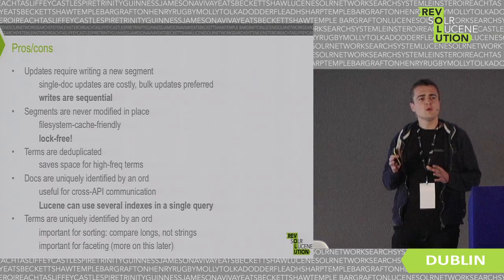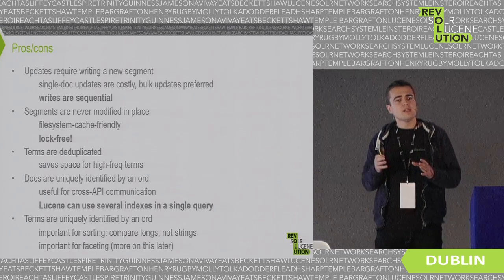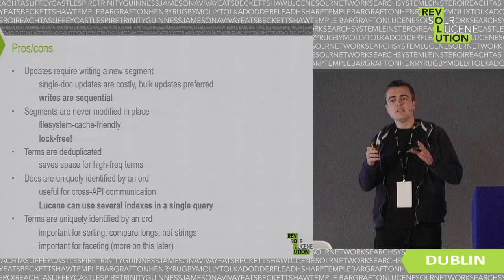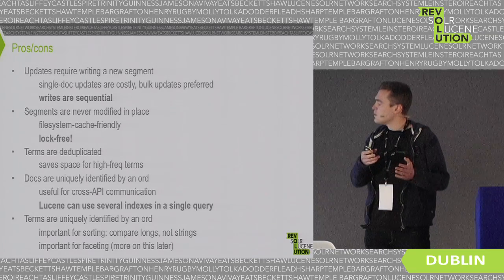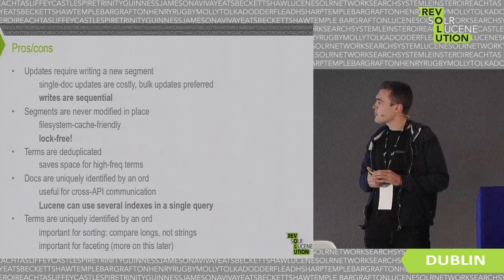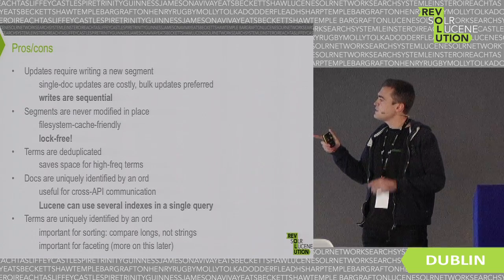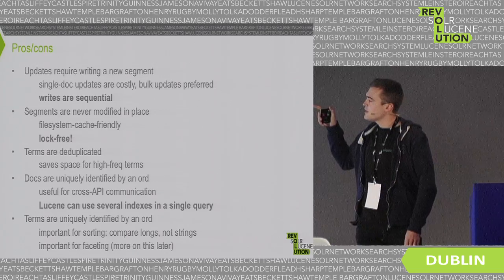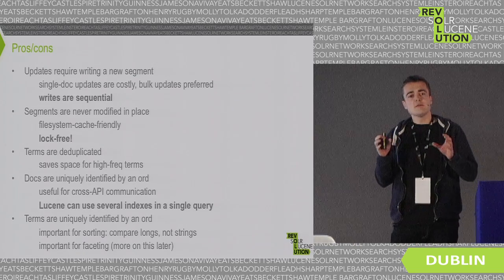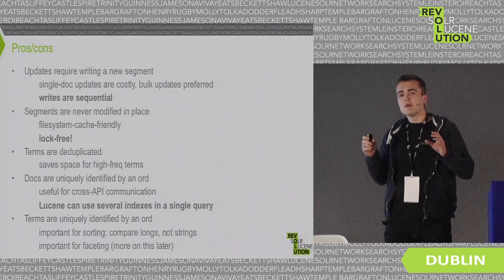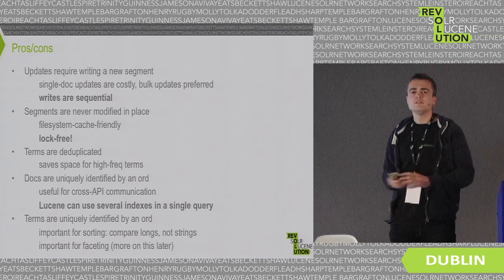I said that one way to make data fast to search is to duplicate data depending on the access pattern that you are going to use. The fact that data is immutable and that documents are uniquely identified by ordinals is very useful for cross-API communication, and we'll get into this a bit later.